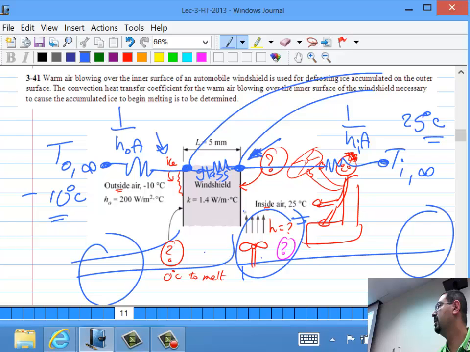If he can figure out that H, through the equations that we will learn later in the course, he can track back what the velocity of the fan should be to give him that H and melt the ice. And so he can design the vents on the windshield necessary to make this happen, so that you can melt the ice without boiling yourself in the cabin in the winter.